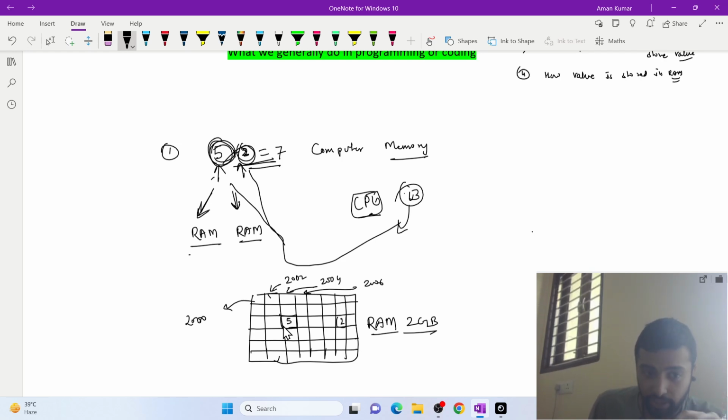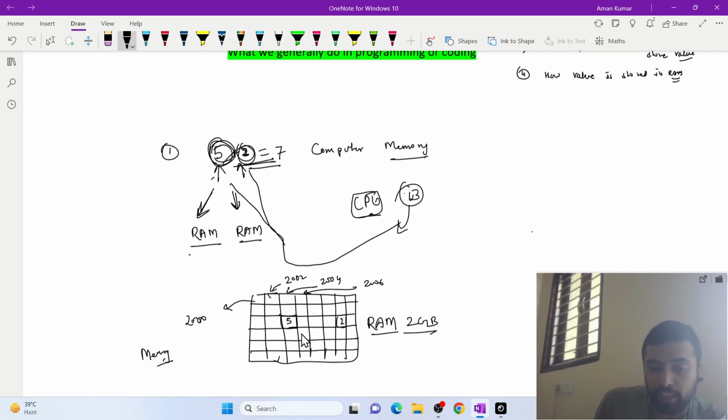That's why the memory location is required. The memory location will help you fetch the data at that address or location. That is the use of a memory address. I hope you are able to understand this point.